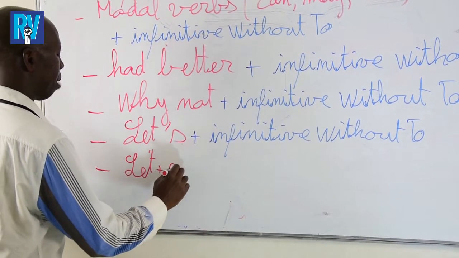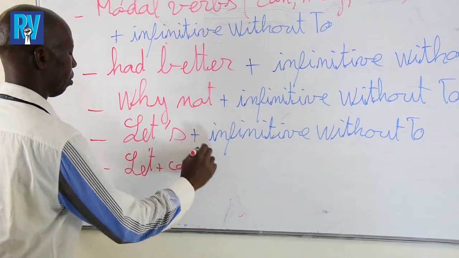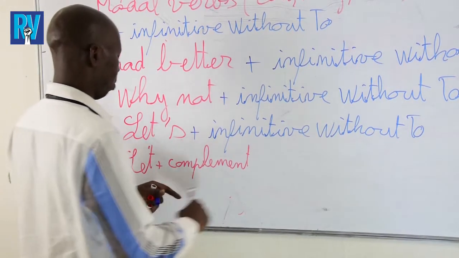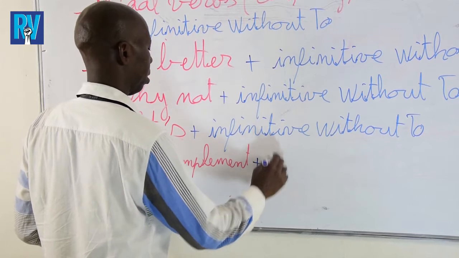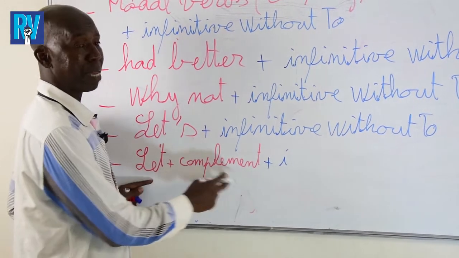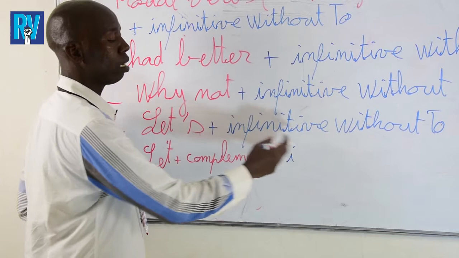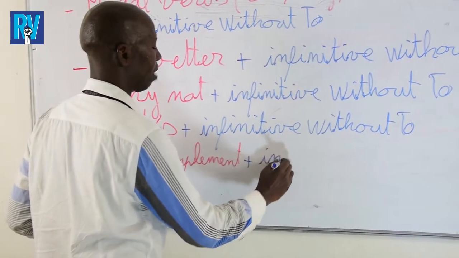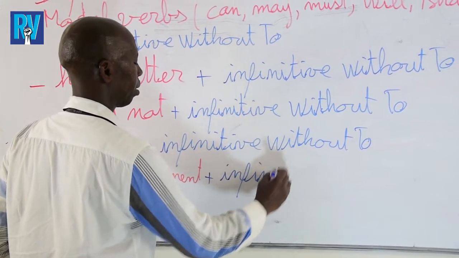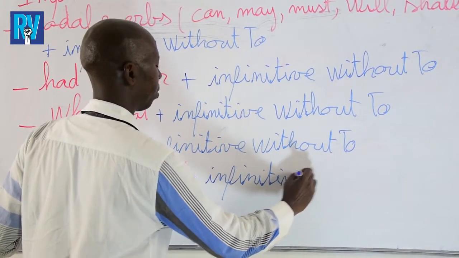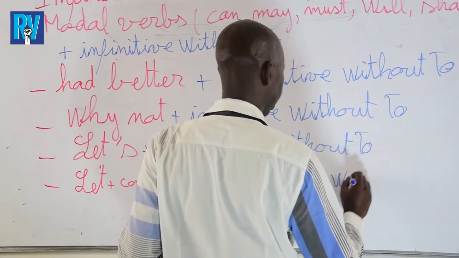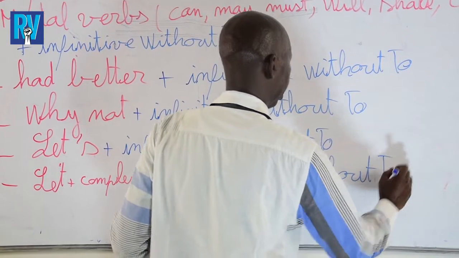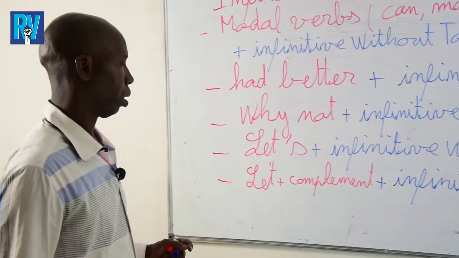We have also let. Let plus complement plus infinitive without to. Example, when you say, let me see, let me sing, let me work, you have an infinitive without to.